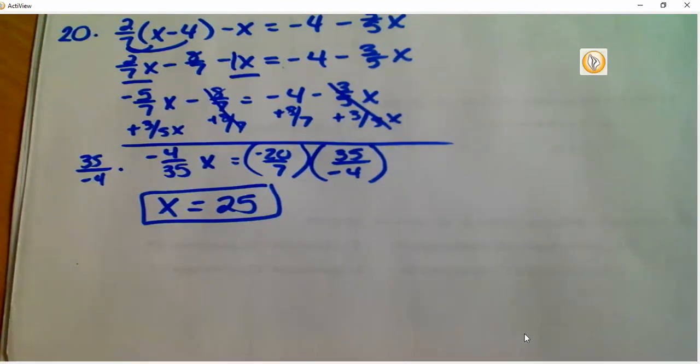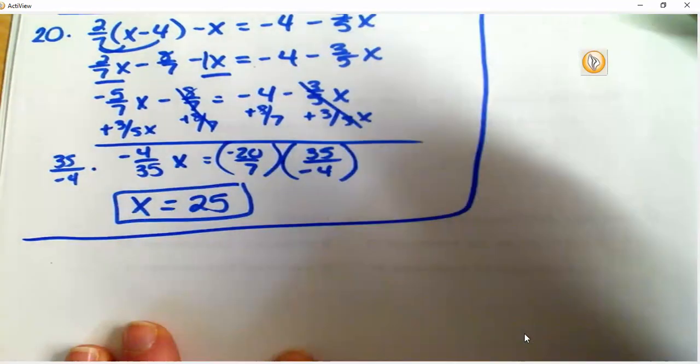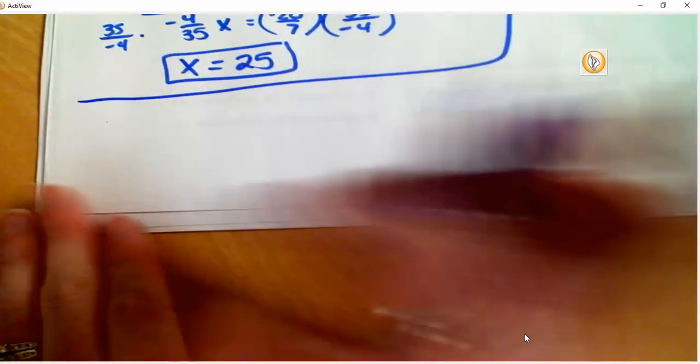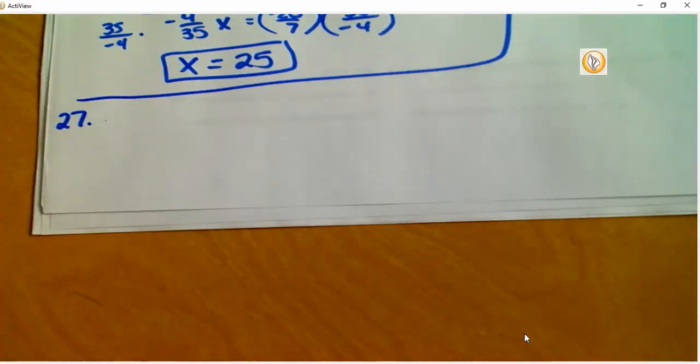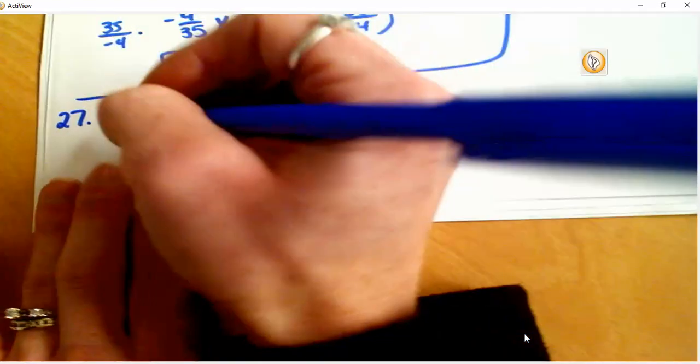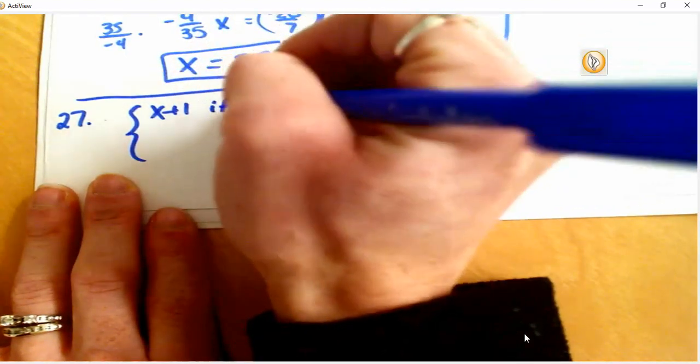All right, a piecewise graph. So when we graph these piecewise functions, I've always told you to make a t-chart for each piece. So since there are 3 pieces, we need 3 charts.